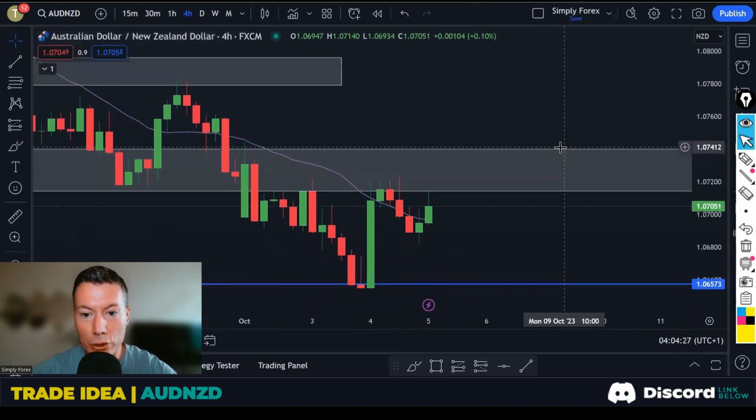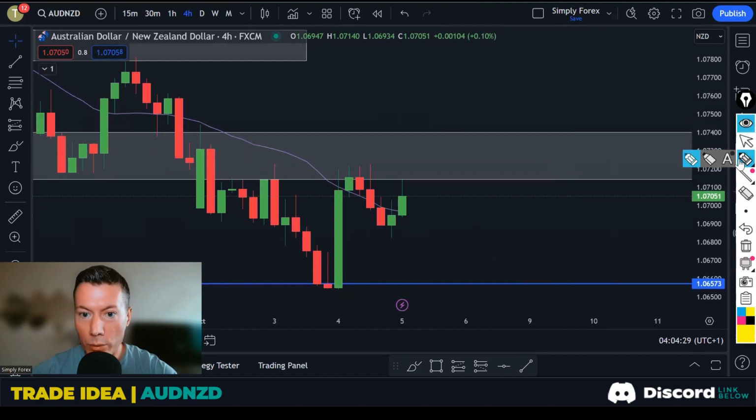It's just bounced off, guys, because I want to include the bodies of these candles. So we have literally just had an entry here. We could potentially sell back down to these lows. So that's my only grey zone, guys.